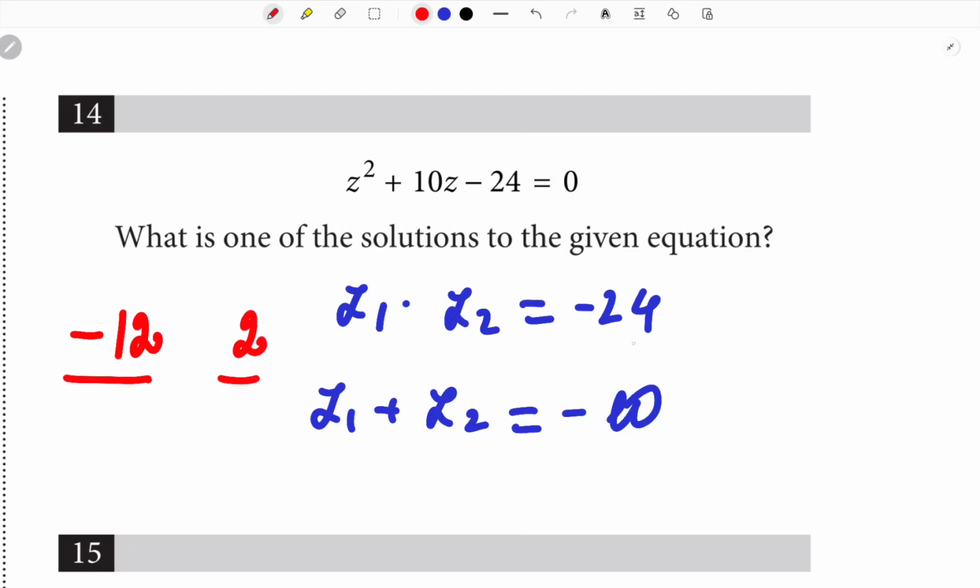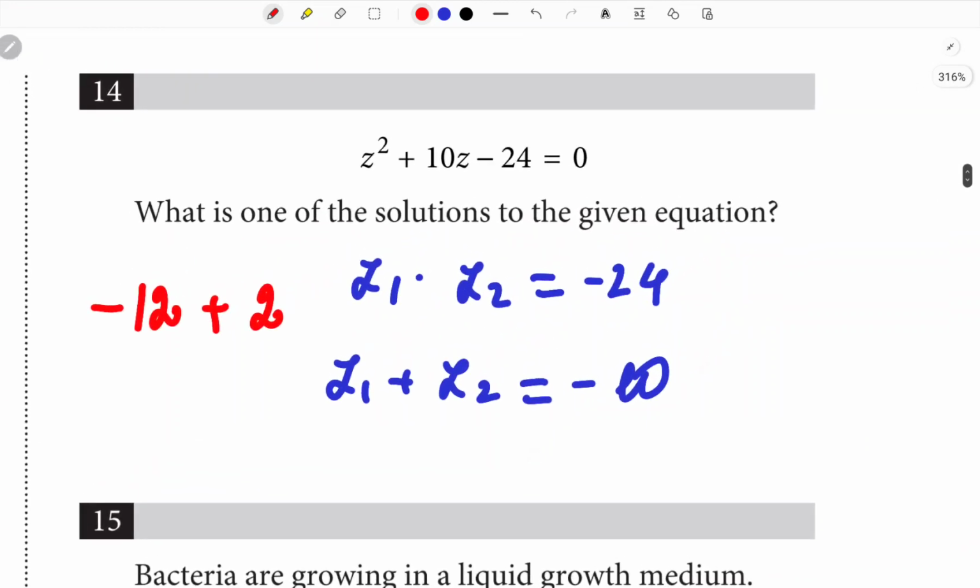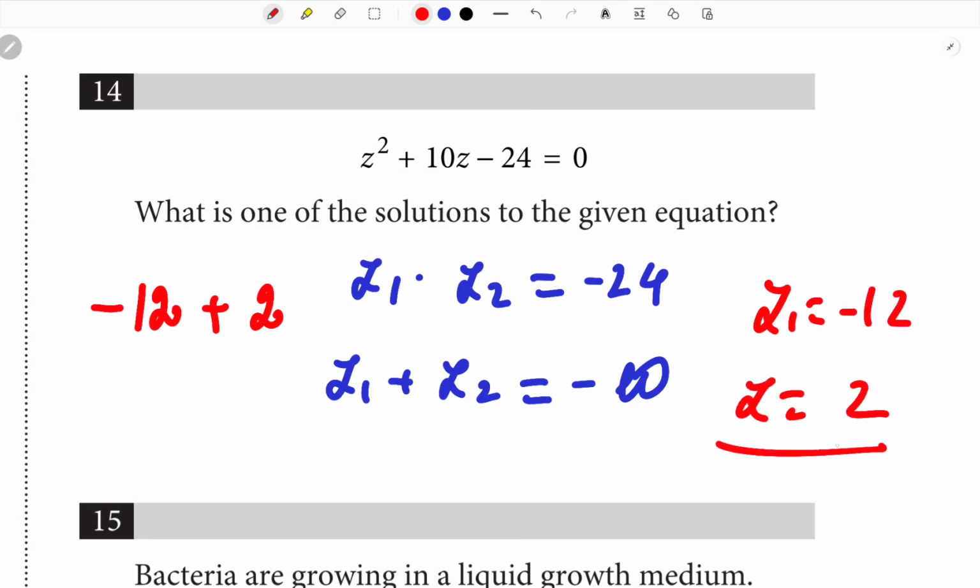Negative 12 times 2 is negative 24. Negative 12 plus 2 is negative 10. What is one of the solutions to the given equation? I only write z is equal to negative 12, z is equal to 2. The right answer is like this.